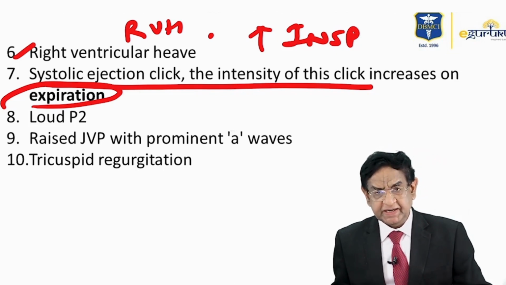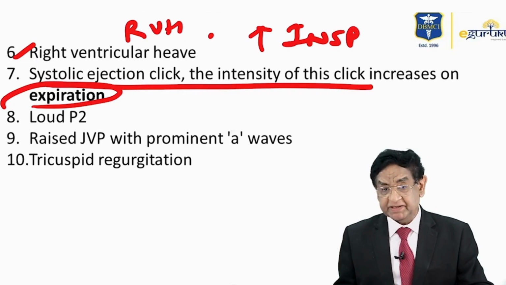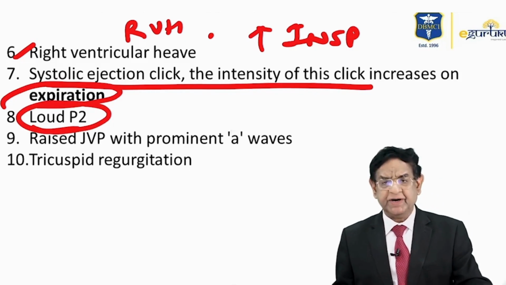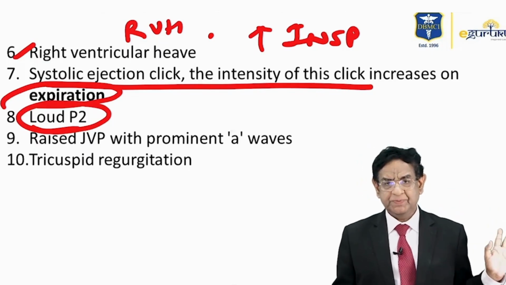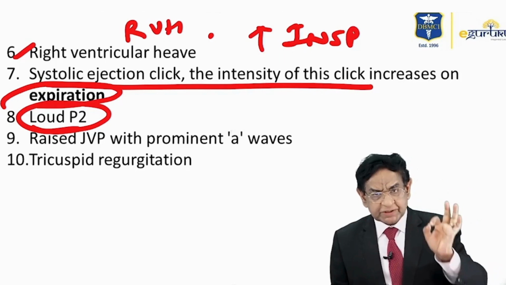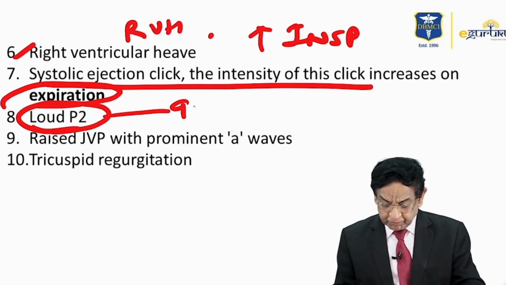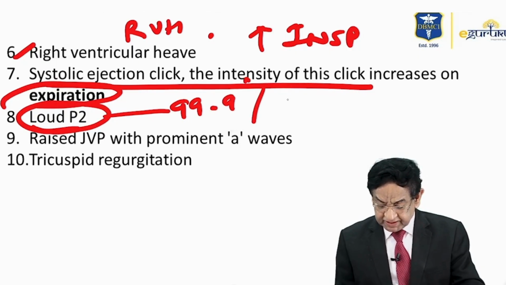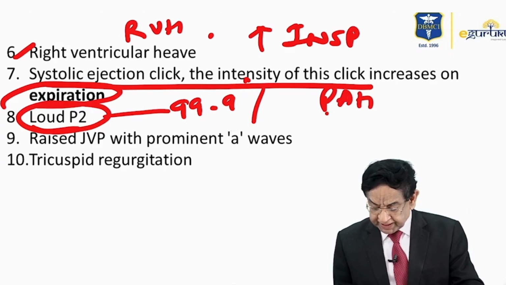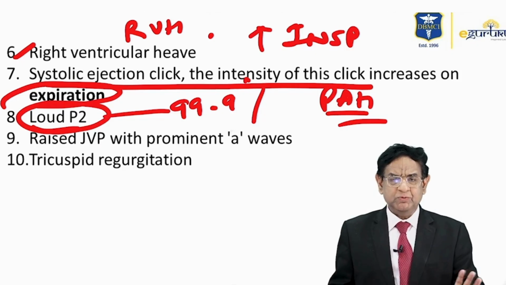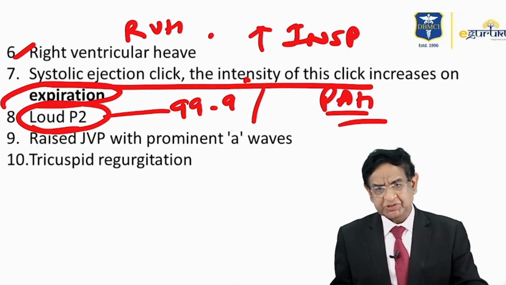Here it is increasing in expiration. Loud P2. Everything you forget, but don't forget loud P2. If in the question you get loud P2, 99.9% you are dealing with pulmonary arterial hypertension. Single loud P2 is PAH.